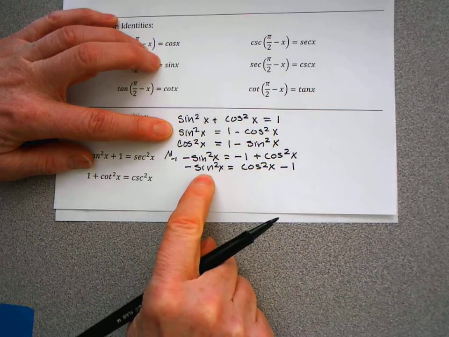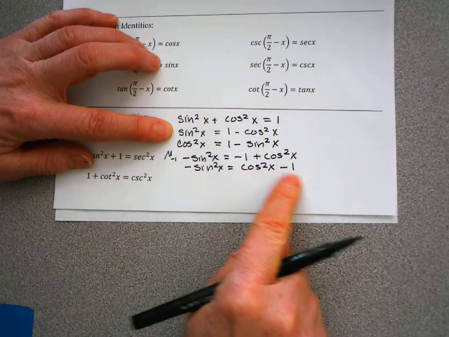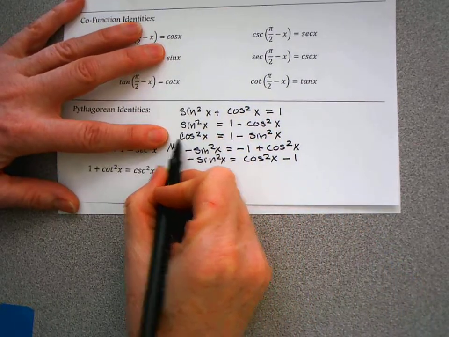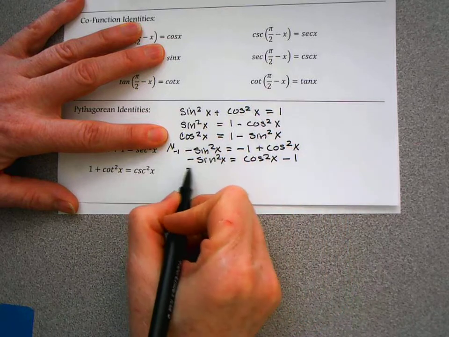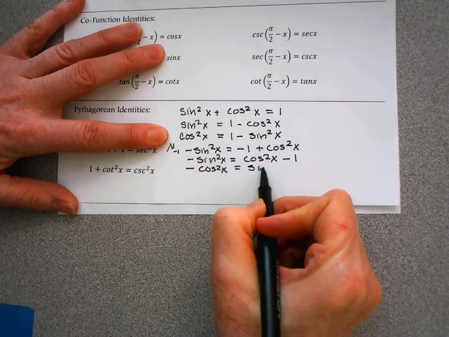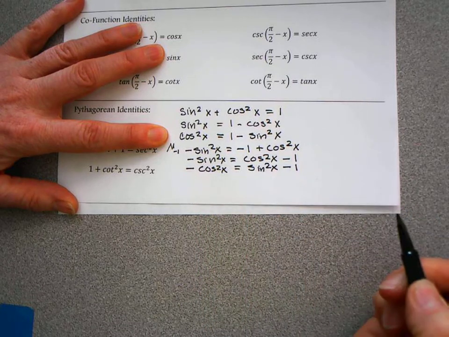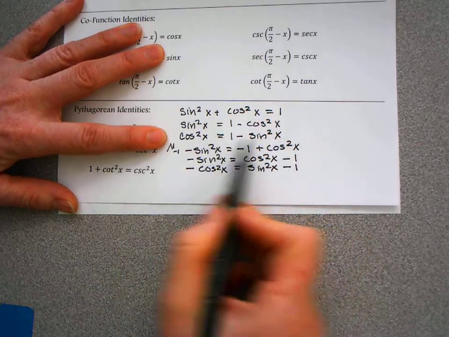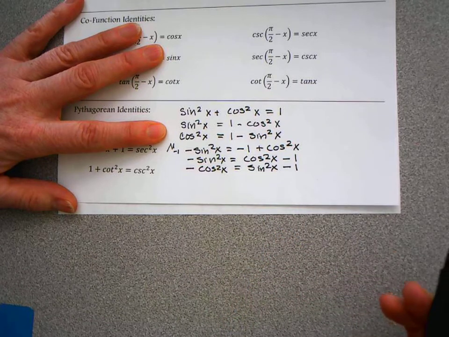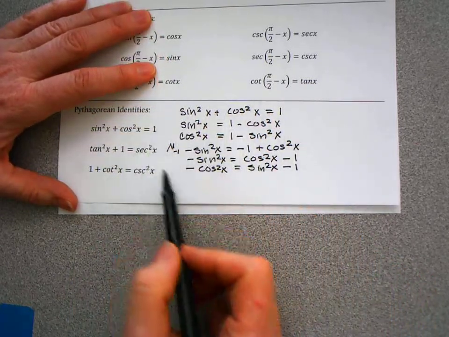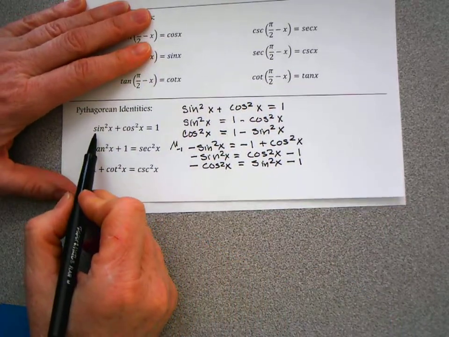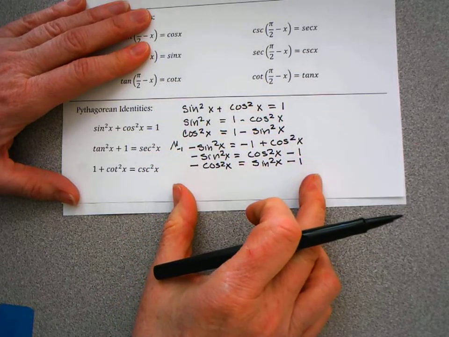The negative sine squared is the cosine squared minus 1. Equivalently, if I multiply the second equation throughout by negative 1, I get negative cosine squared of x is negative 1 plus sine squared of x, so the cosine squared of x equals the sine squared of x minus 1. I'd reverse them, and there I would have it. When we're substituting identities, you'll see what that looks like later today. So I'm given one on the identity sheet, but all of these things are equally equivalent.